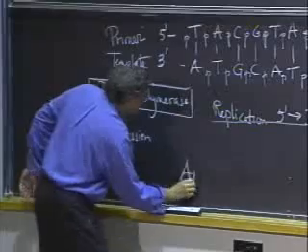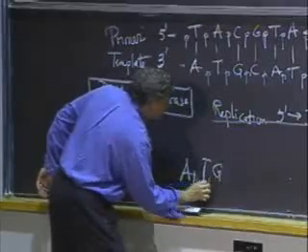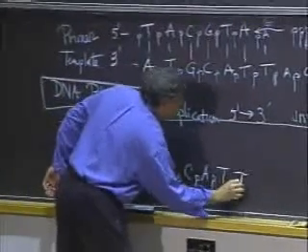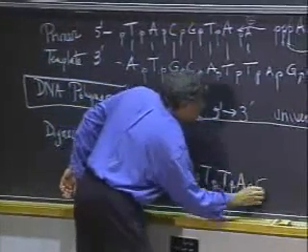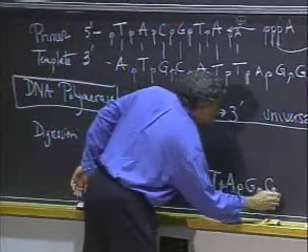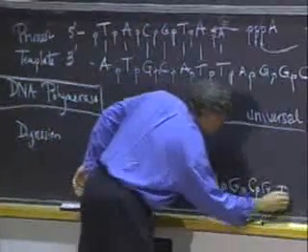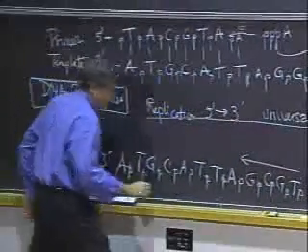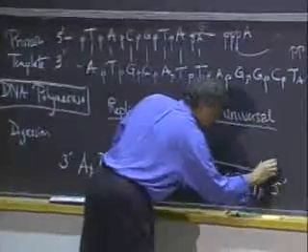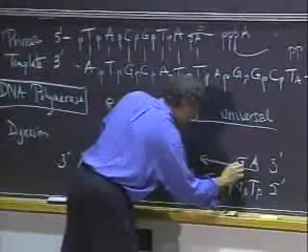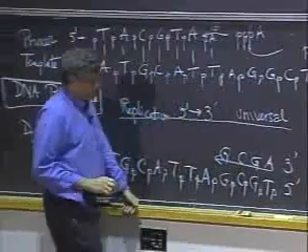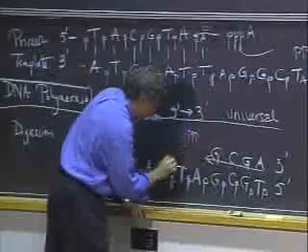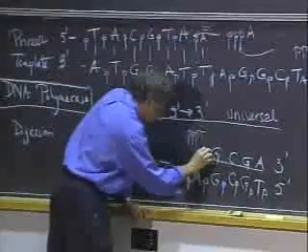Let's take our strand here, T, G, C, A, T, T, A, G, C, G, T. Why not go this way? Why not go, let's say, A, G, C, G. Let's see, what base should we put in? We'll take our triphosphate T, right? We'll put that in.